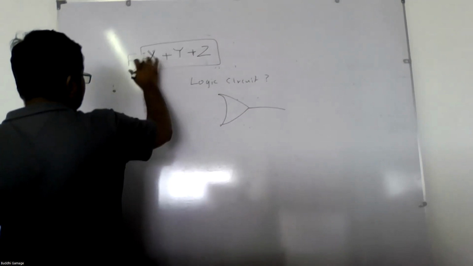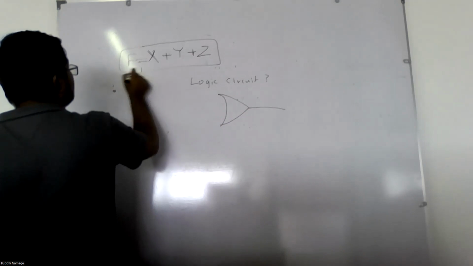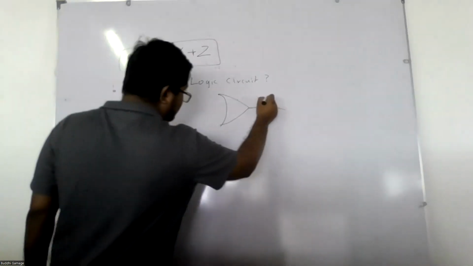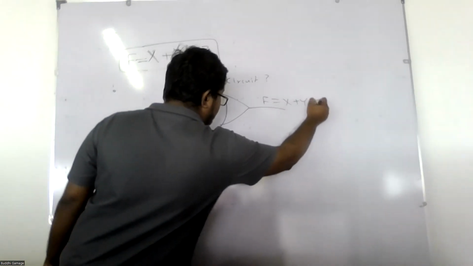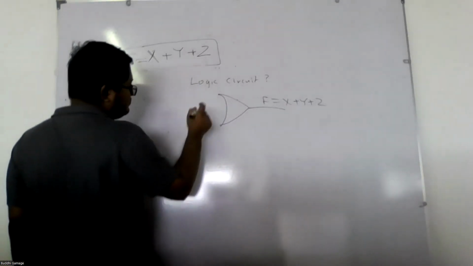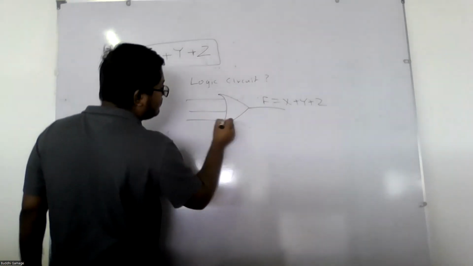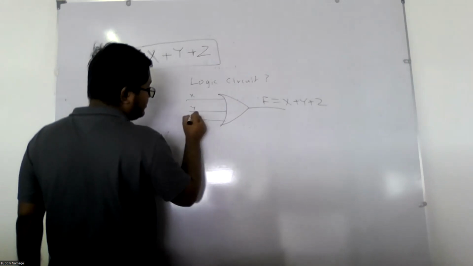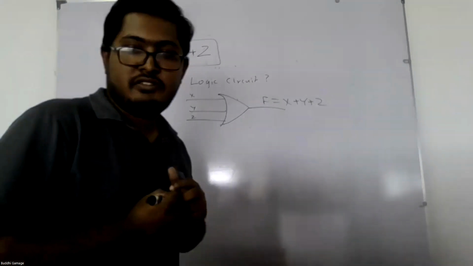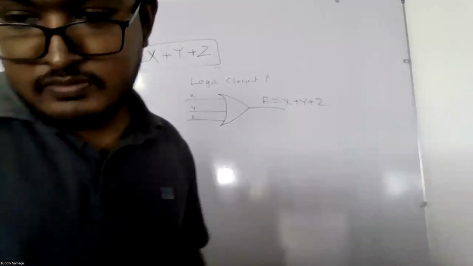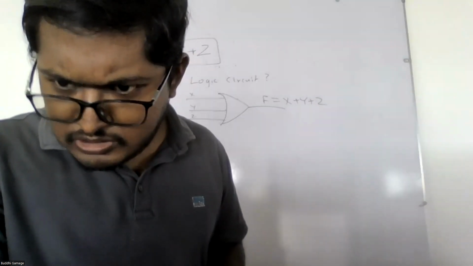Consider this is F. The output F equals x plus y plus z, with inputs x, y, z. Thank you, Mithili. Your answer is also correct.